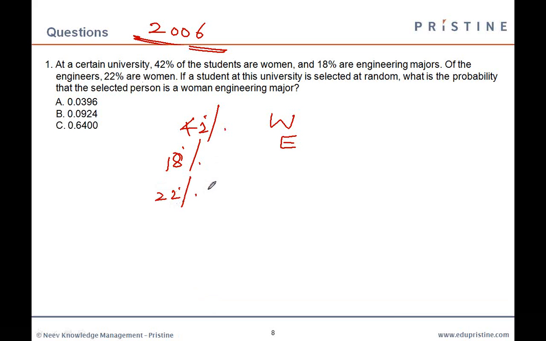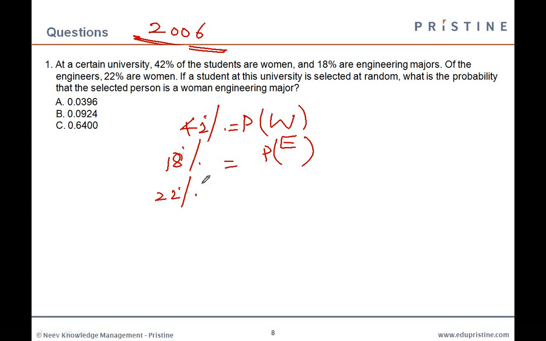Now let's try to associate values. The probability that in a particular university I get a woman is equal to 42%. If I randomly take a student in a university, the probability that the student is a woman would be 42%. Similarly, if I take a student, the probability that he or she is an engineering major will be equal to 18%.